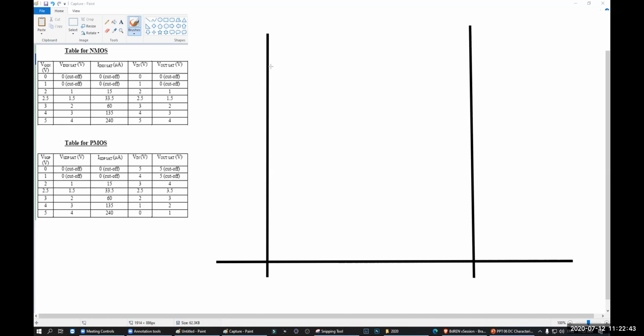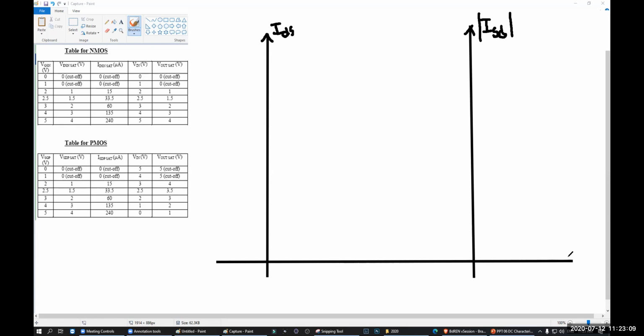This axis is for IDS, for NMOS. This axis is for ISD, for PMOS, okay? Let's give a line so that they match. So their direction is not important, their value is important.